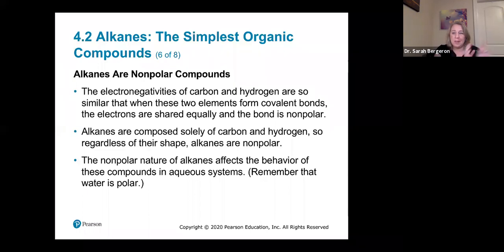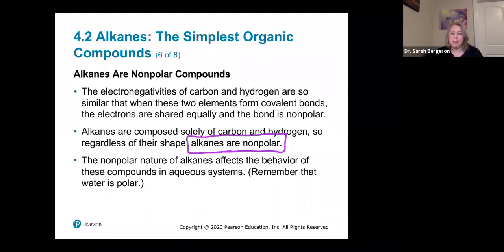We identified whether a compound was polar or non-polar based on the bonds and the three-dimensional structure. All the bonds in an alkane, whether it's a cycloalkane or a straight chain alkane, are non-polar. So if the bonds are non-polar, the molecule must be non-polar. Regardless of their shape, all alkanes are non-polar.